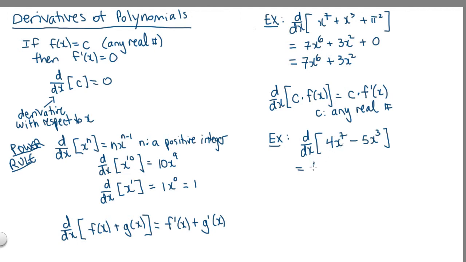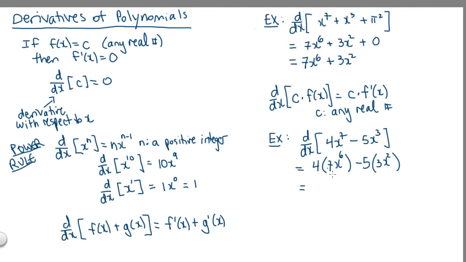So the derivative will be 4 times the derivative of x to the 7, which is 7x to the 6. And then we're going to go minus 5. You can really think of this as plus -5 if you want to think of it that way. So just keeping the constant out in front and then multiplying by the derivative of x cubed. So that's -5 times 3x squared.